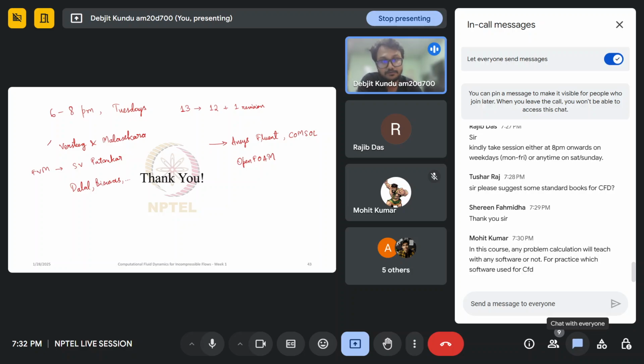So let's say you want to propose a new technique of solving, or you're trying to solve a physics problem which has some very unique mathematics to it. In OpenFOAM, you can go and change the code itself. So of course, you have to learn a bit more, but it really allows you that freedom to go in and change the code. Commercial software won't allow you to do that. So these are the things that you can try out.